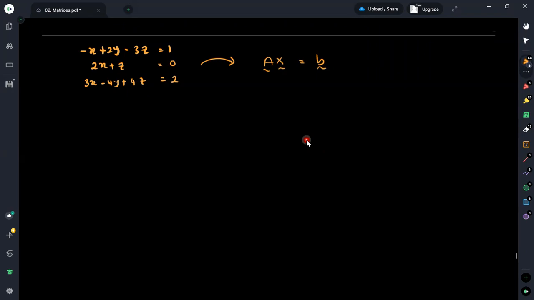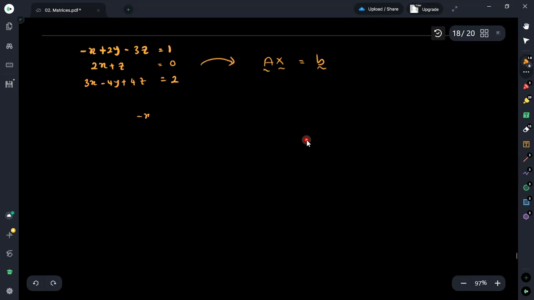Here it has already been arranged, with all the constant terms on the right hand side of the equation. Once it is arranged, I can just realign the variables accordingly. I am considering my first variable as x, second as y, and third as z. Therefore, I can rearrange the variables in this form.